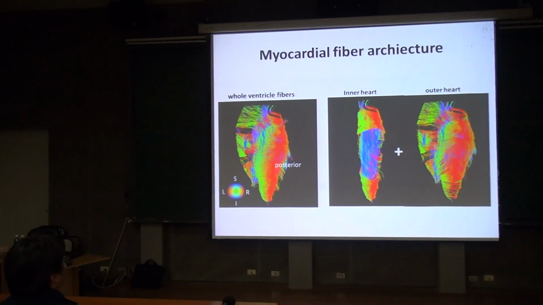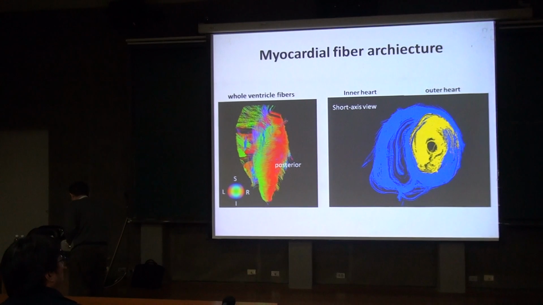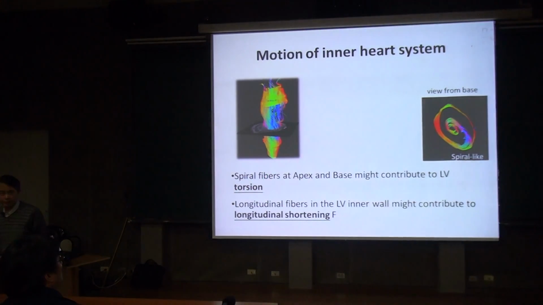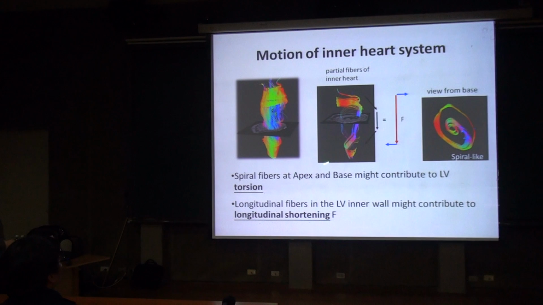Why is that? First, we look at the inner heart. This is the inner heart, and this is the outer heart. Why does the heart have two parts? The inner heart has two parts.